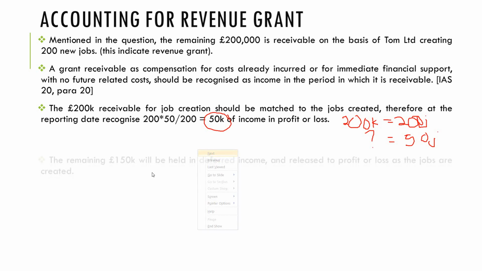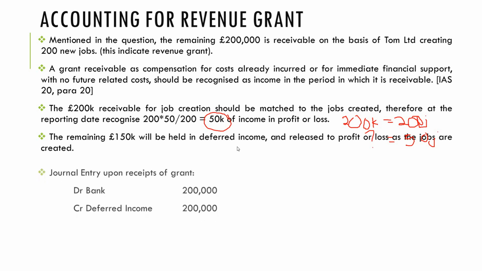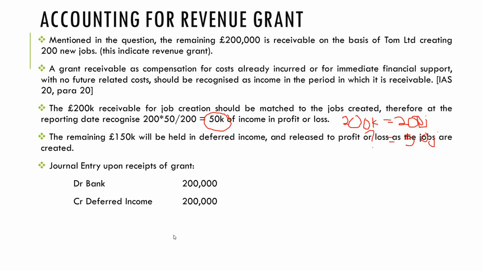So how do we record this? Okay, so what about the other 150,000? 200,000 minus 50,000. So the remaining 150,000 will be held as your deferred income. So to record this, when we receive the government grant, we debit bank 200,000, credit deferred income by 200,000 as well.